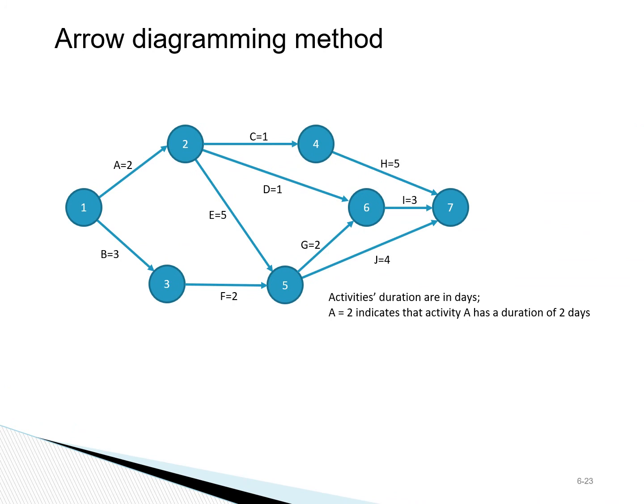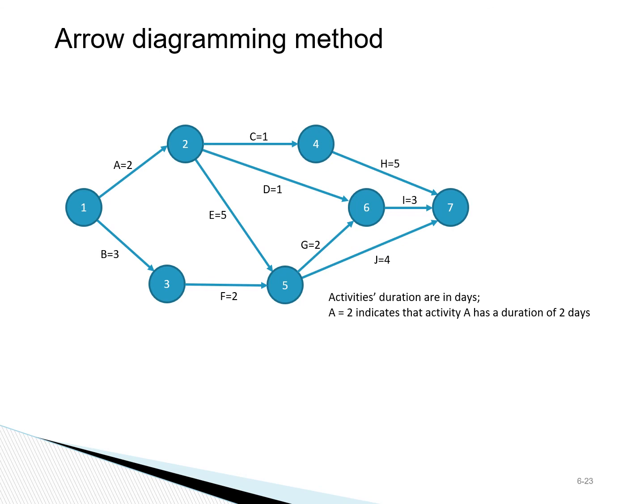After we have identified activities, their attributes, and their dependencies, we can visually present them in an arrow diagram. In this method, the nodes designate the start or the end of an activity, and the arrow represents the activities. The duration is shown next to each activity.